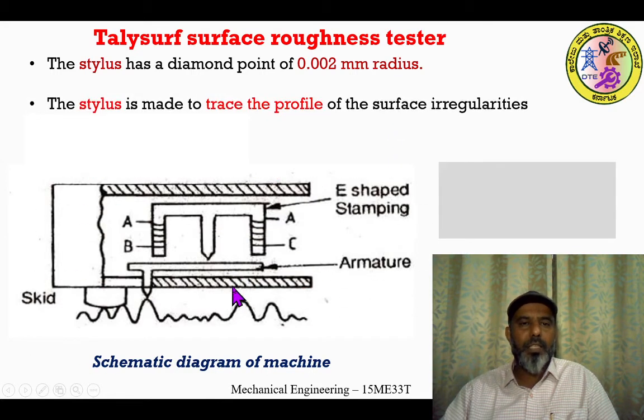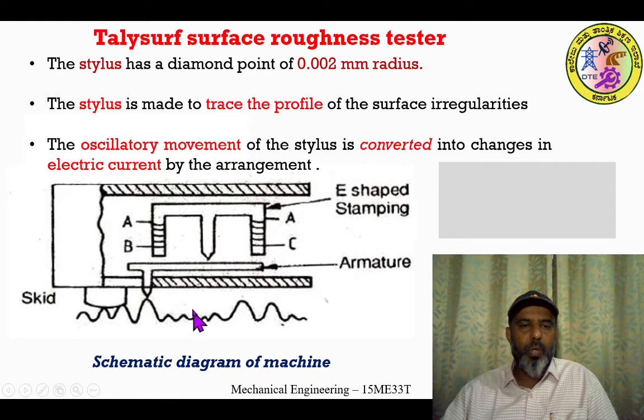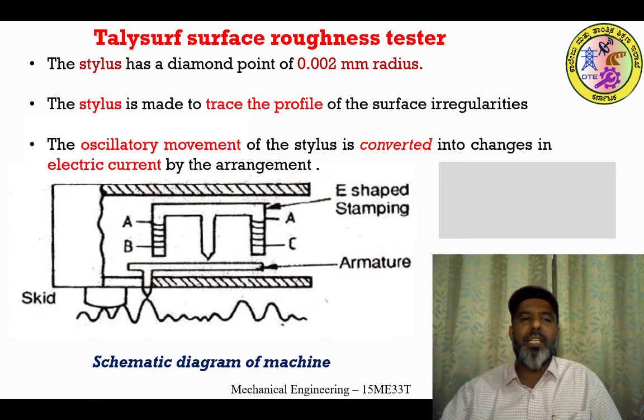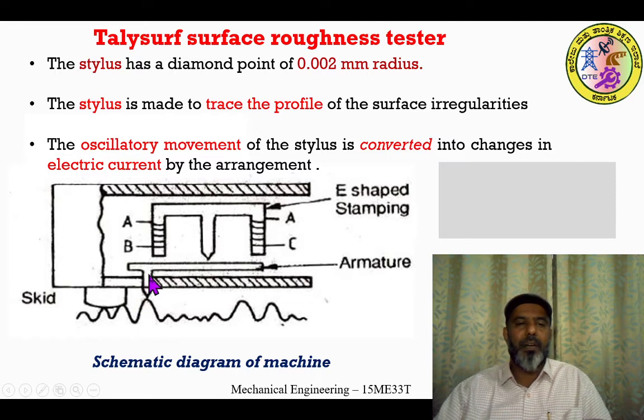And this stylus will travel along the surface irregularities. Also, any oscillatory movement, meaning the up and down movement of the stylus, is converted into a change in electrical current by the arrangement here.